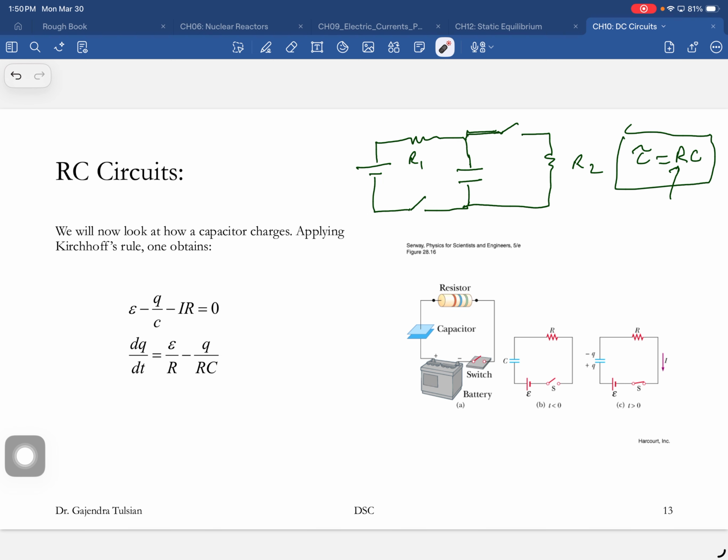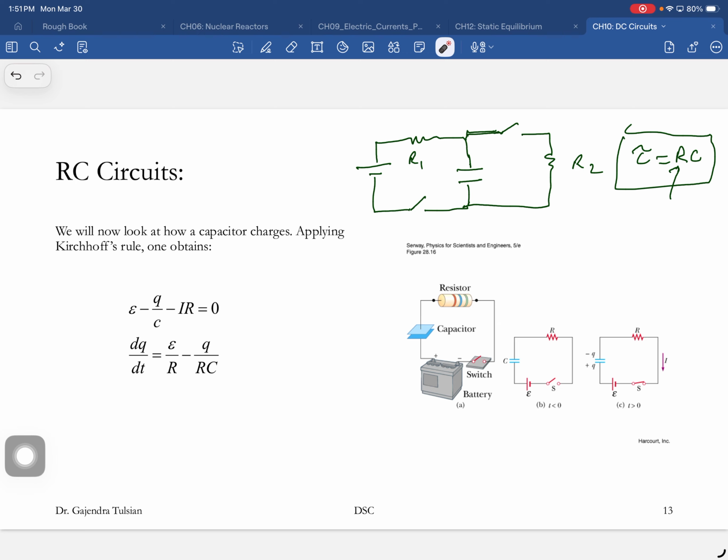So as the charge builds up on the capacitor, the voltage increases, this term increases, and the current decreases. As this gets smaller and smaller, this doesn't. As the capacitor charges, this current dies, and this current will go to 0 once the voltage across the capacitor is equal to the voltage across the battery.